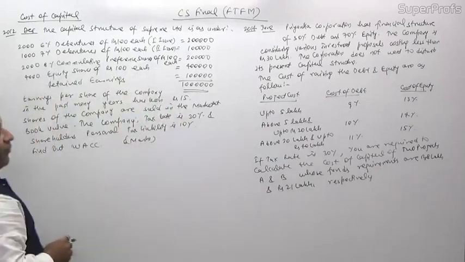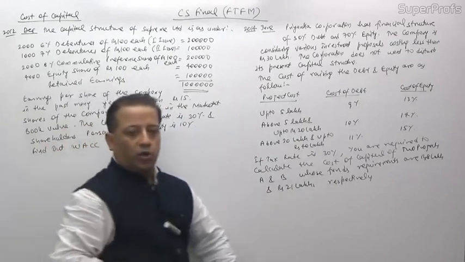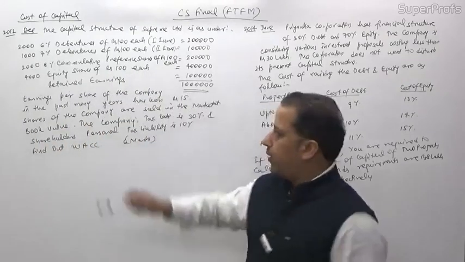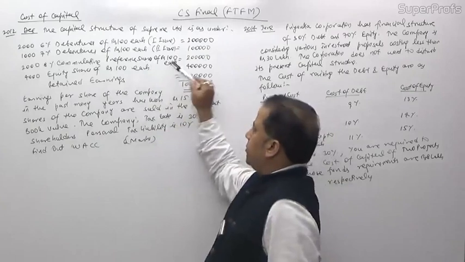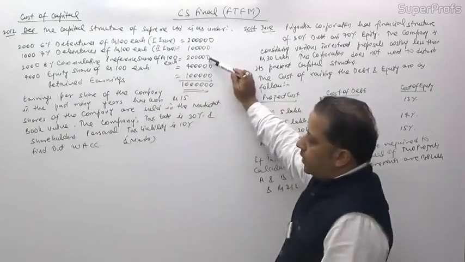Then 8% cumulative preference shares of rupees 100 each amounting to rupees 2 lakh.